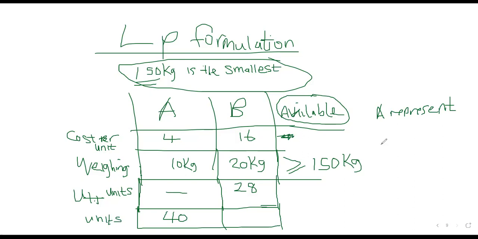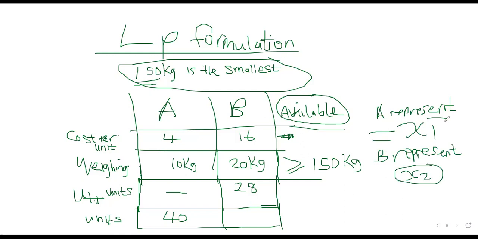So A represents x1 and B represents x2. So A is representing x1 and B is representing x2.